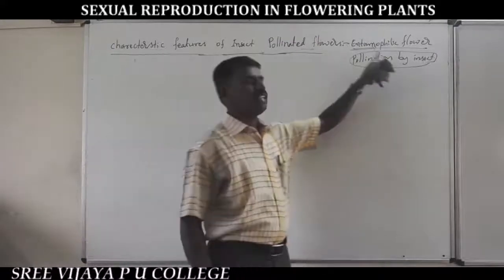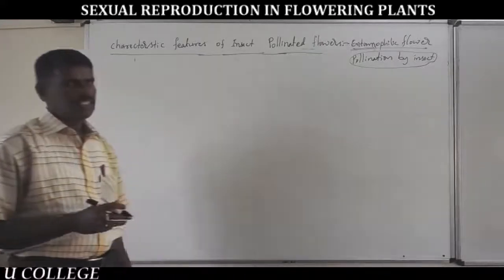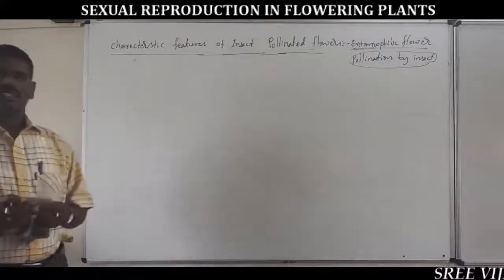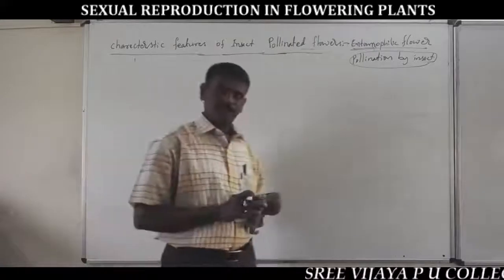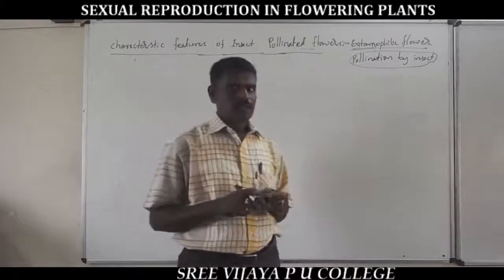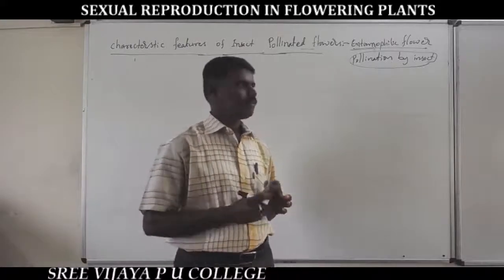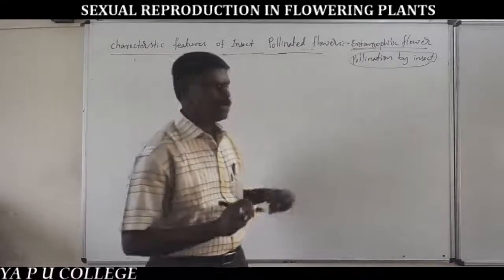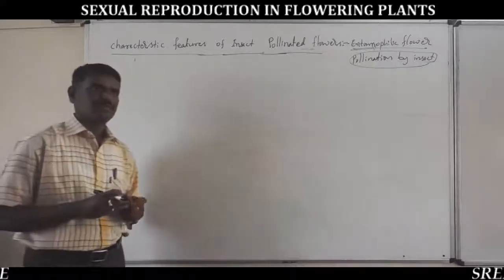Such flowers are called entomophilic flowers, where the insect helps in pollination by carrying the pollen grains. When the insect visits the flower to suck the nectar, the pollen grains of the flower attach to the legs of the insect.